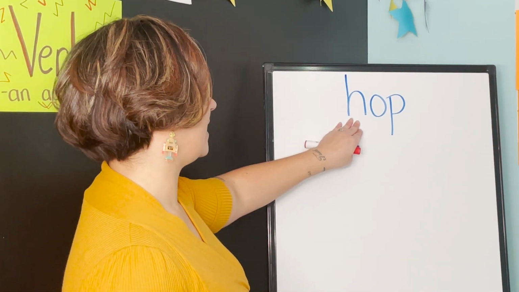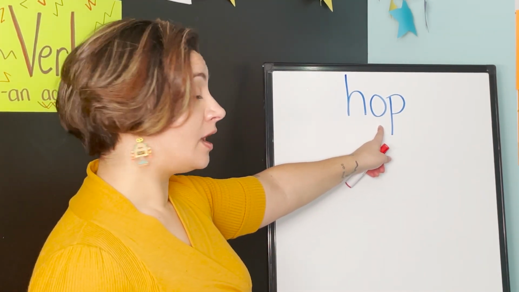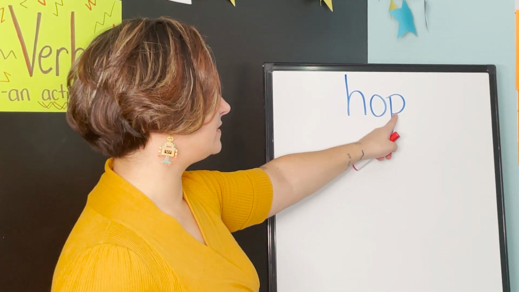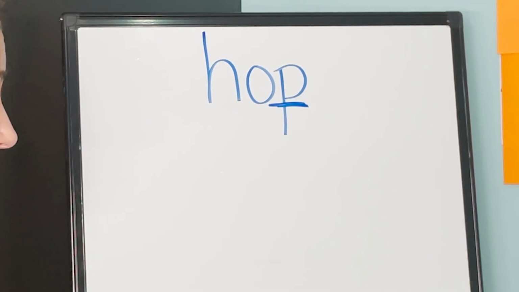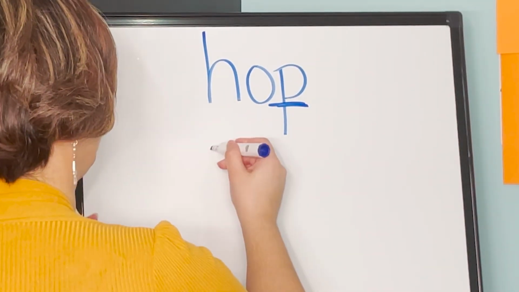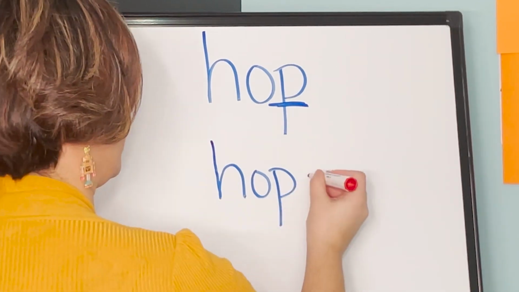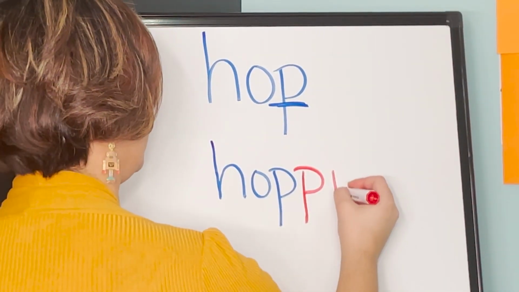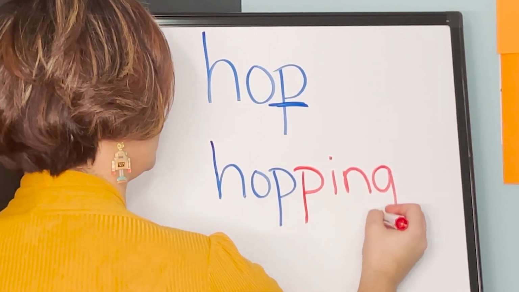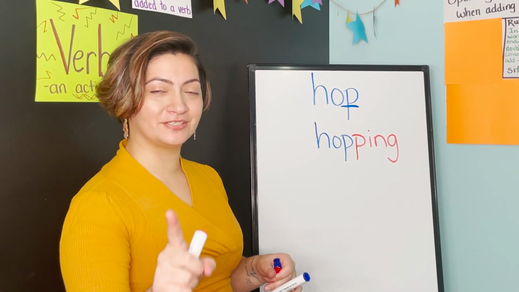Hop has a consonant-vowel-consonant pattern, which means it's a short vowel. If we want to keep it that way, we're going to have to double, make two of them. So I'll have hop, and then I have to double that P. Then I can add my ing. So I have hopping. The bunny is hopping across the yard.